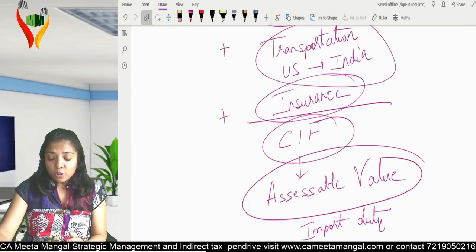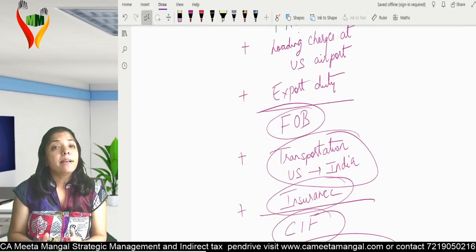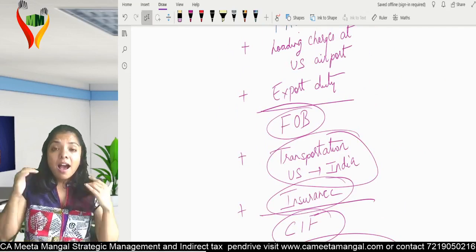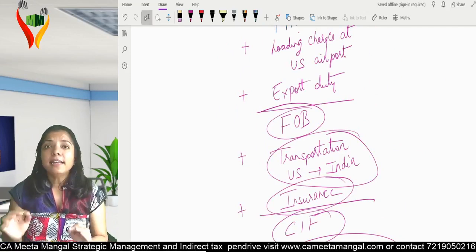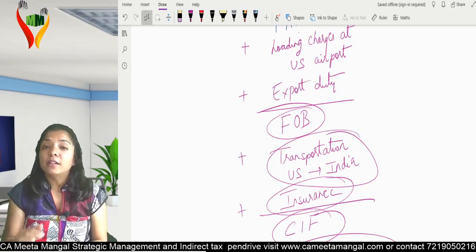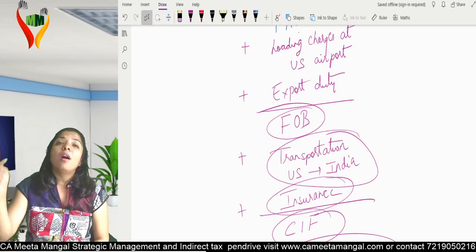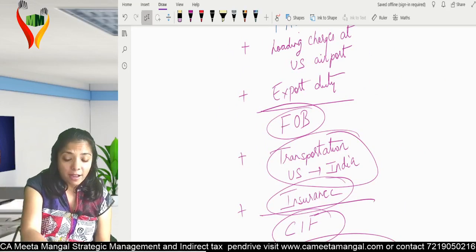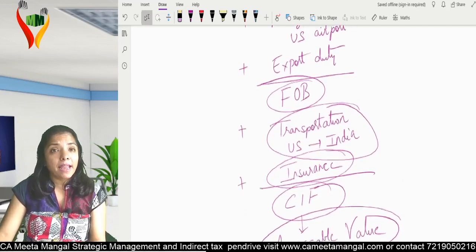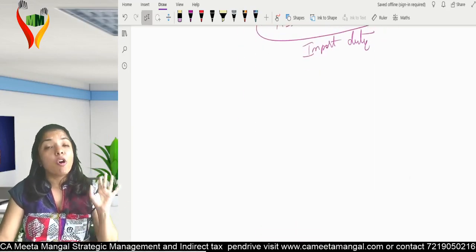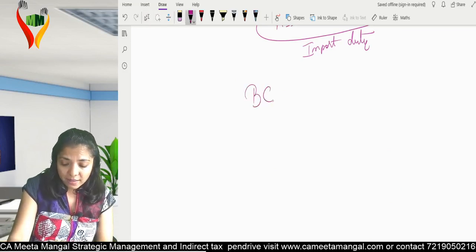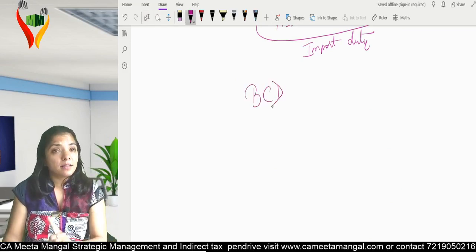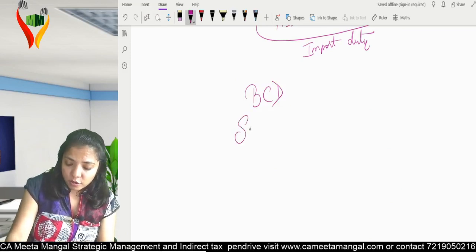So in this chapter, basically what do I need to do? I need to calculate the CIF value, and on that CIF value I will be paying import duty, and we've already studied import duty types. One is BCD, basic customs duty. Second is social welfare surcharge.